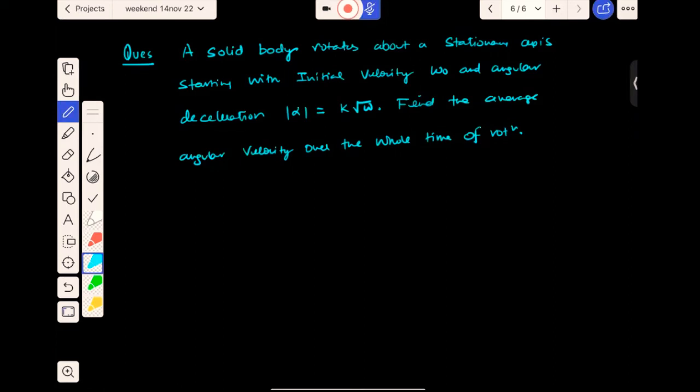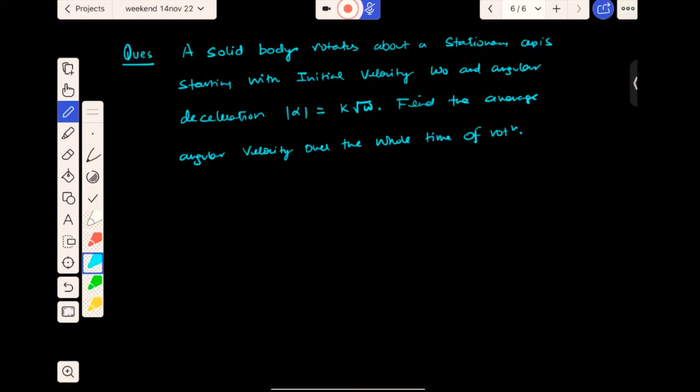It starts with some initial velocity, and then a deceleration reduces the speed. So first we have to determine at what time the velocity will become zero, so that I will know for what time interval to find the average velocity.